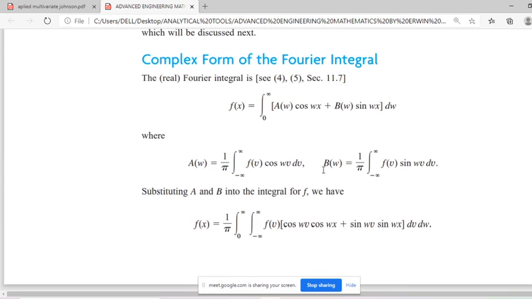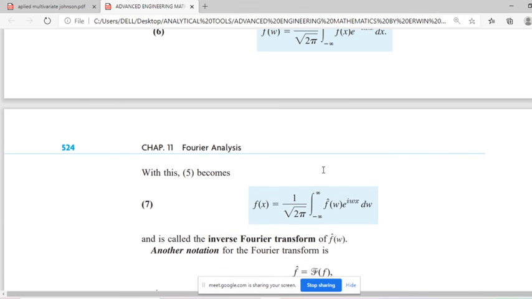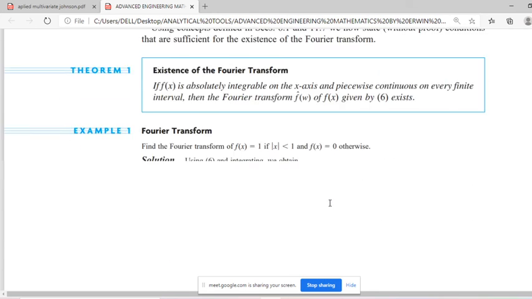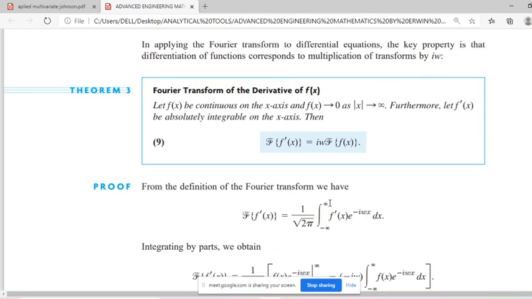Yeah, here we have 1 by root 2 pi, and we have already multiplied root 2 pi, so that root 2 pi and this root 2 pi will get cancelled, and we will get f star g equal to integral minus infinity to infinity, instead of f cap, we have f cap of w and g cap of w. Okay, so that is the technique for getting the inverse Fourier transformation.